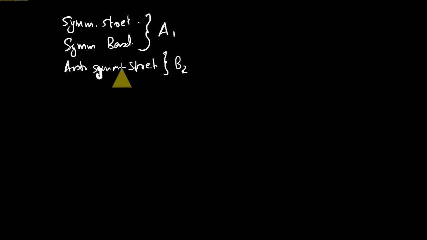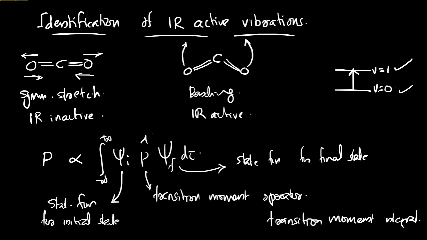And in this class, I am going to tell you which one of these is going to be IR active and which one is going to be IR inactive. So you already know that in order to find out, we have to get the transition moment integral.